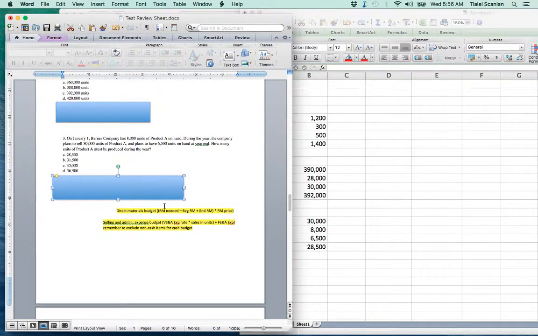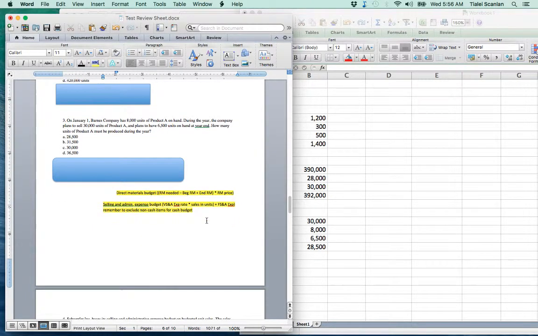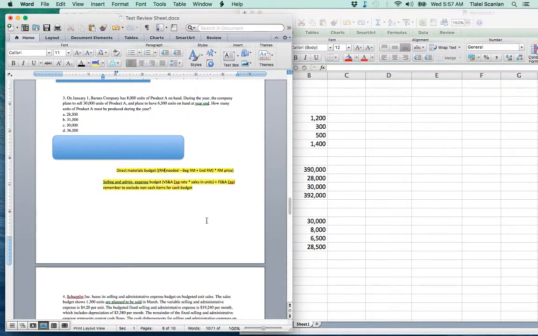So direct materials budget: raw materials needed minus beginning raw materials plus ending raw materials, times the raw materials price. The one I really want to emphasize is the selling and administrative expense budget. There can be a variable aspect: the variable sales and administrative expense rate times the sales in units.